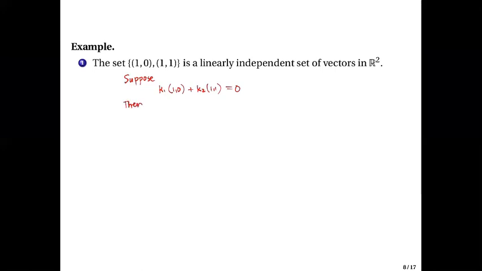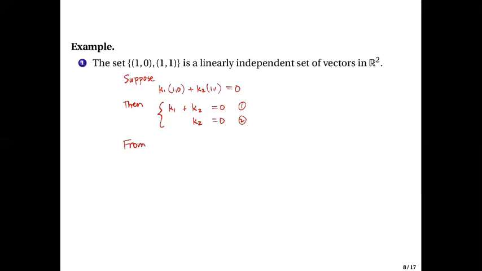Then you have this as a vector equation. You can write this as a linear system. You have k1 times 1 plus k2 times 1, that's just k2, equal to 0. And then k1 times 0, that's 0, plus k2 times 1, that's k2, equal to 0. Let me label these equation 1 and equation 2.